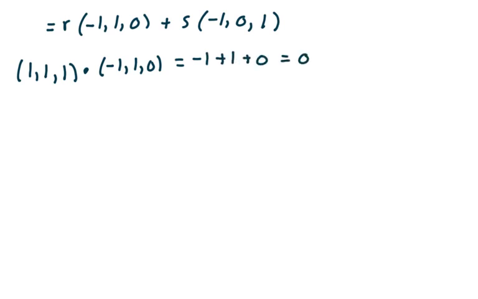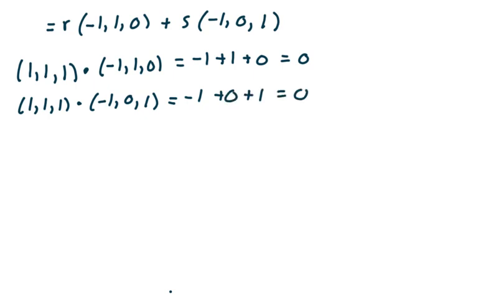That's 0. If I take (1, 1, 1) and dot it with (-1, 0, 1), do you agree that that's -1 plus 0 plus 1, which is also 0?